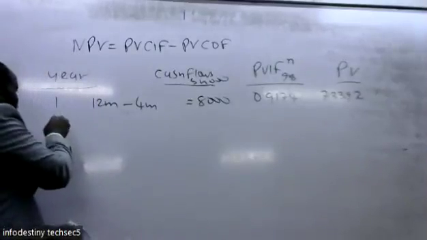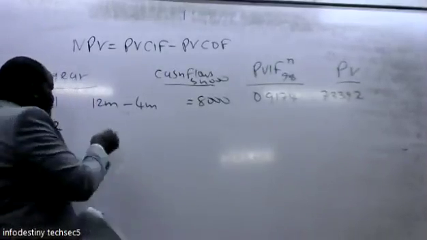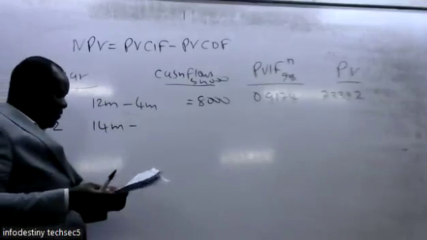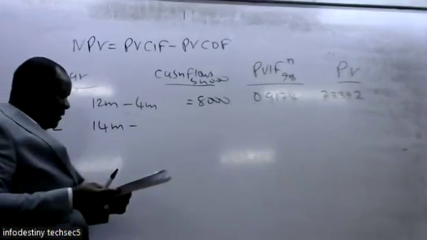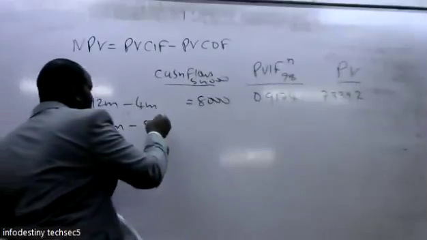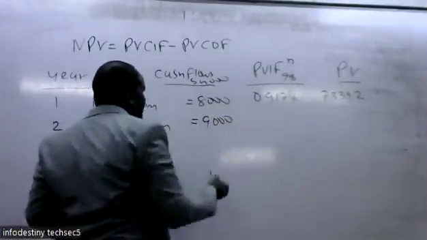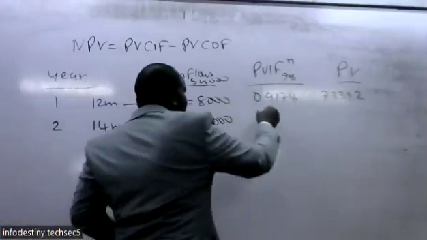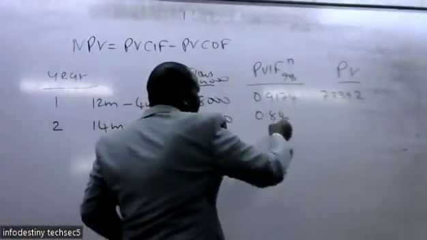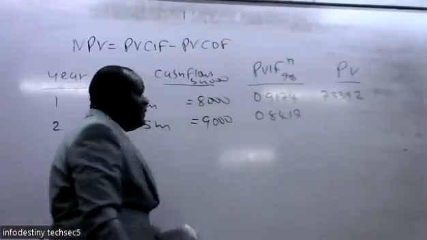We also go to year 2. In year 2, you can see the savings is 14 million. We subtract the running cost. That difference gives us the cash flow. In the table, the factor is 0.8417.